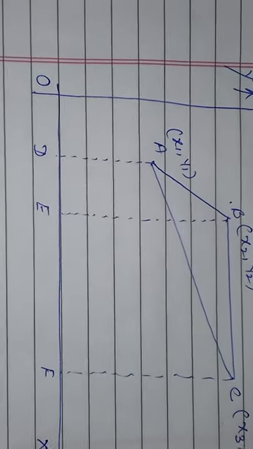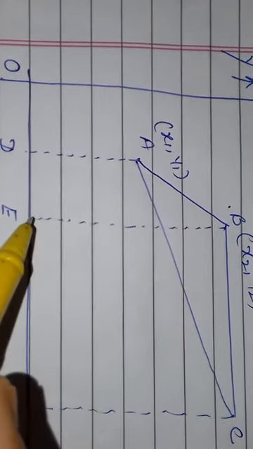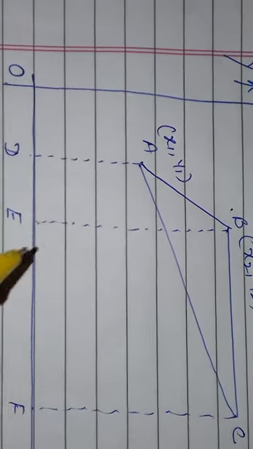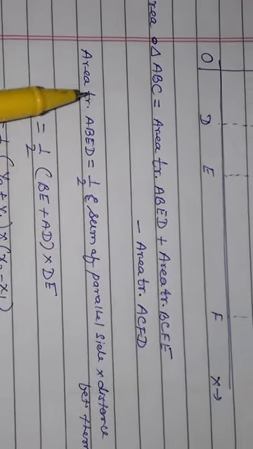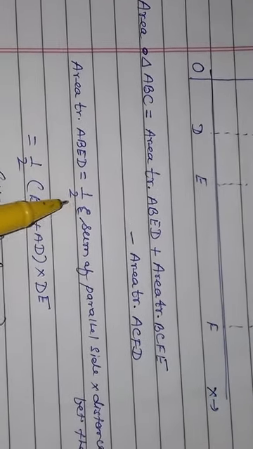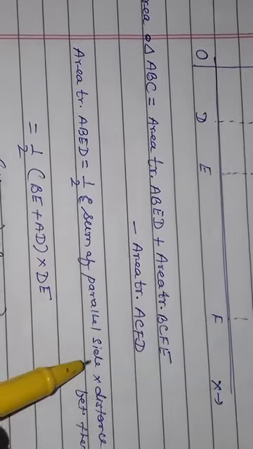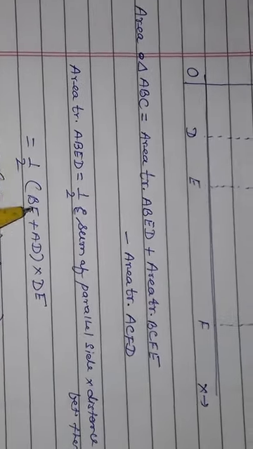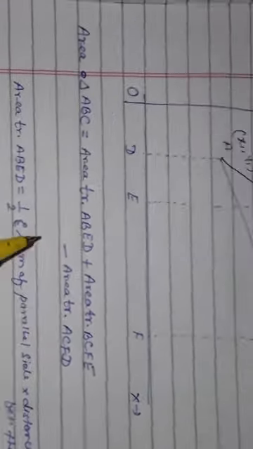Sum of parallel sides means AD plus BE, and distance between these two parallel sides is DE. So here I have written area trapezium ABED is equal to half sum of parallel sides into distance between them, that is half BE plus AD into DE.